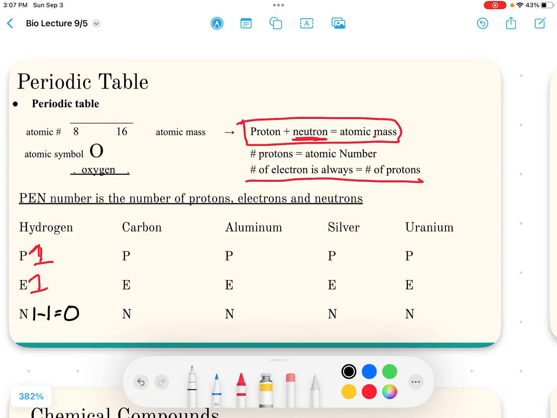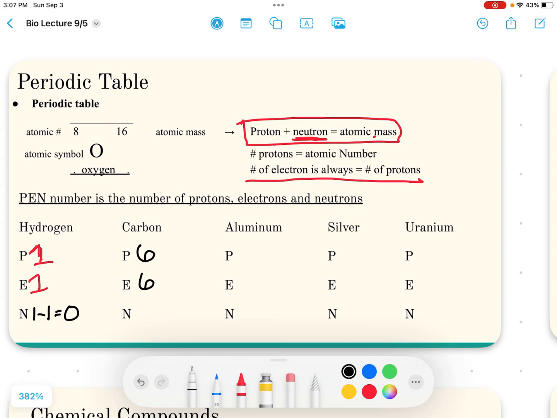We have carbon. Carbon is the letter C on the periodic table, and it is number 6. So it's atomic number 6. Since it is atomic number 6, that means there are 6 protons. Since we have 6 protons, we have 6 electrons, so that they balance out. Now we need to solve for how many neutrons.